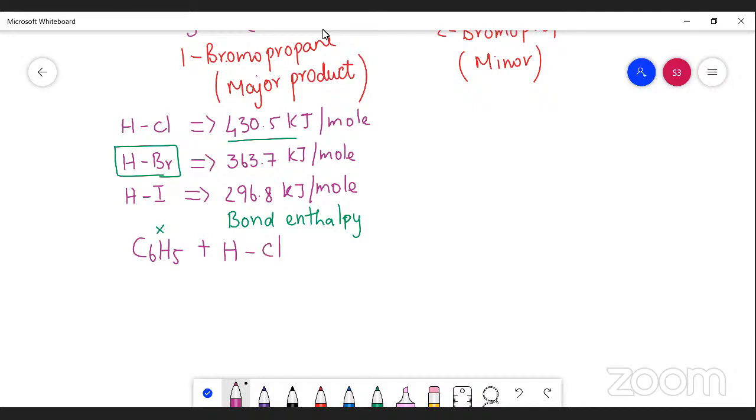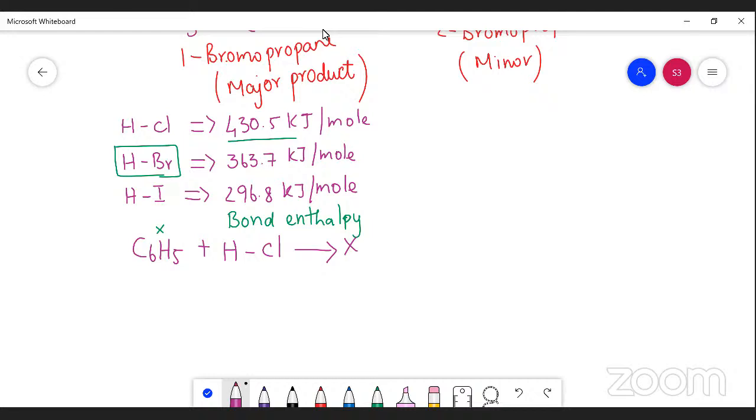This phenyl free radical cannot cleave the HCl molecule, so there is no reaction at all, because it has the highest bond enthalpy value.